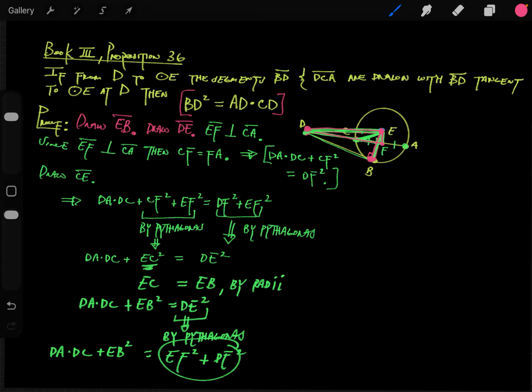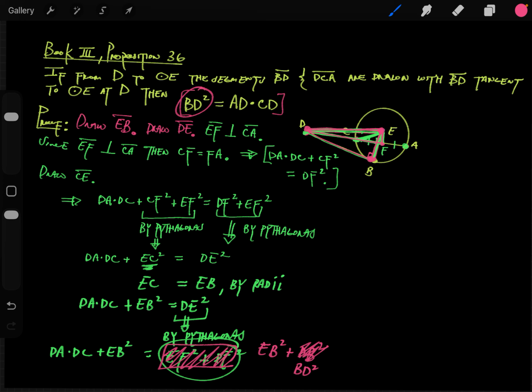And I saw this right triangle and said that it was this. But this is wrong. DE squared is also equal to, if we look at this right triangle, EB squared plus DB squared. And I switched it because I realized that this is a result about BD, BD squared, same thing.